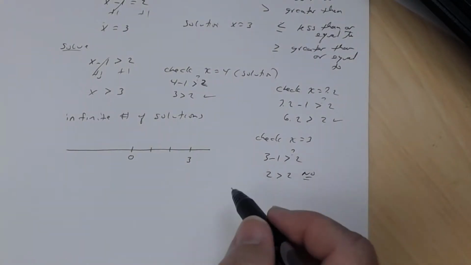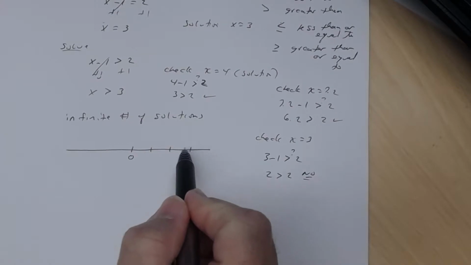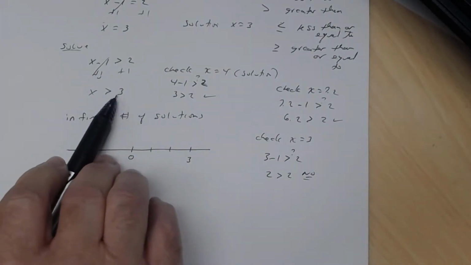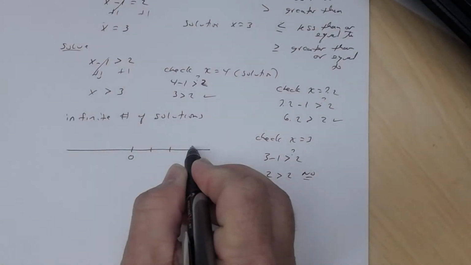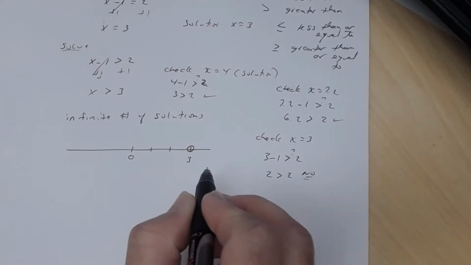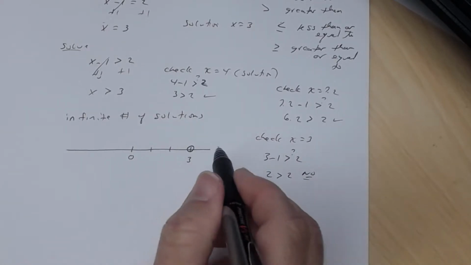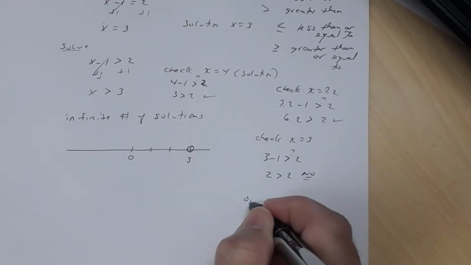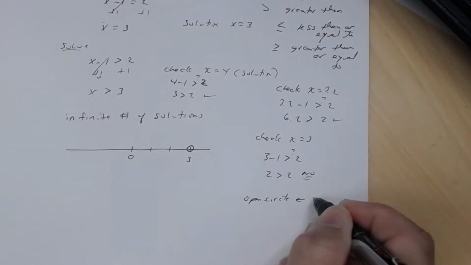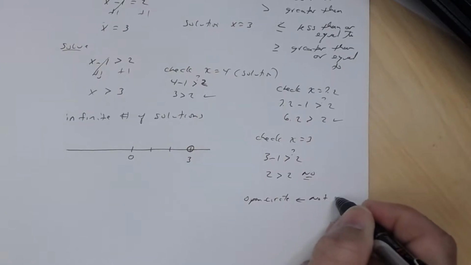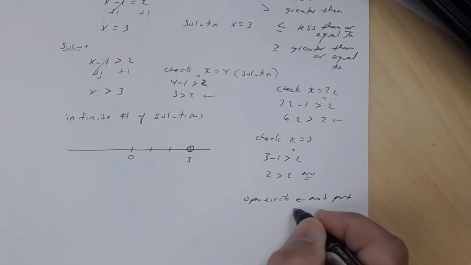So when you get x by itself, you have to put this number on the number line, and we're going to use an open circle. Open circle implies it's not a solution, it's not part of the graph, not part of the solution set.